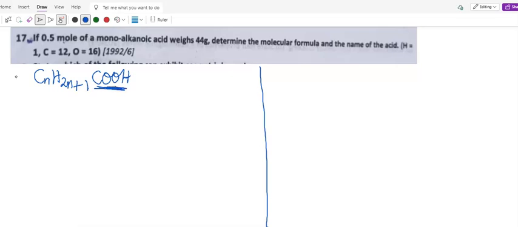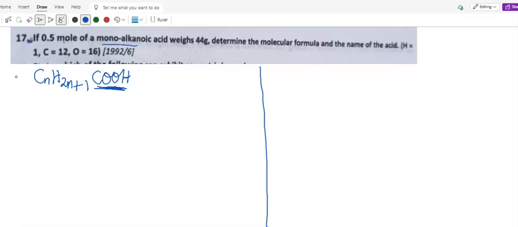So it is the simplest alkanoic acid group you know. We have some other ones that have more than one carboxylic acid group, for example, oxalic acid, okay? But when they say monoalkanoic acid, it's the one with this general formula.